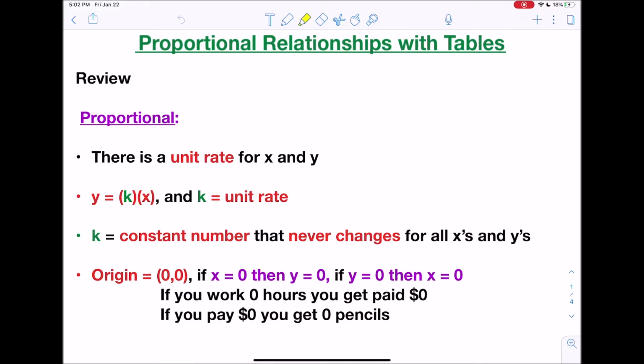And because there's a constant ratio between X and Y, we know that Y is going to equal that unit rate, which we're going to call K, times X. And that unit rate will stay the same no matter what the X and the Y are, okay? K is the constant number that never changes for all X's and Y's. It's that constant number that you multiply X by to get Y.